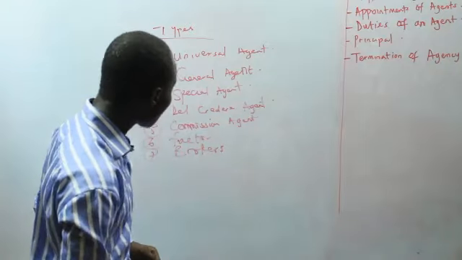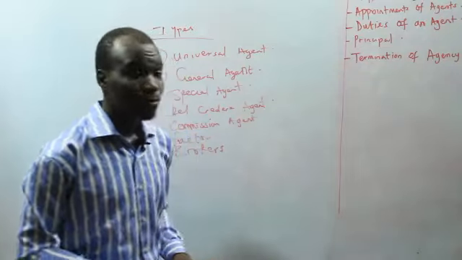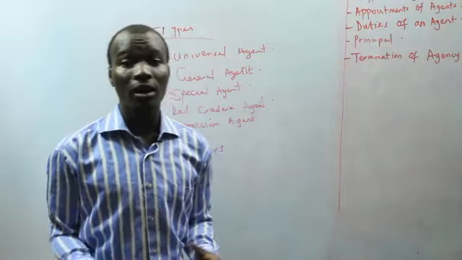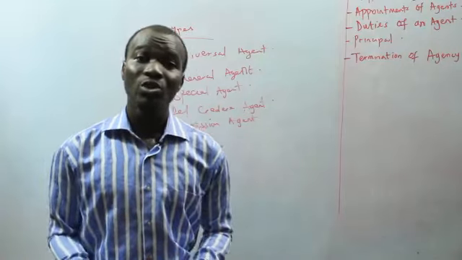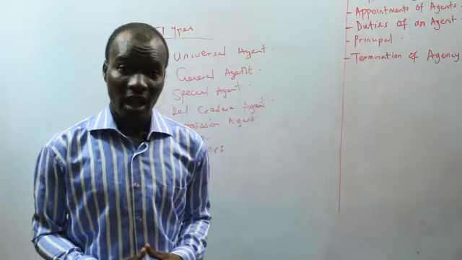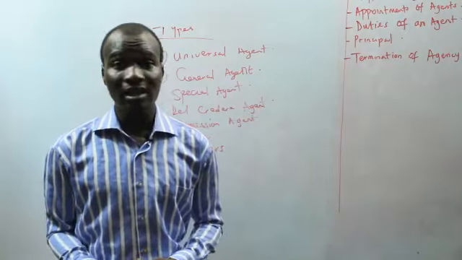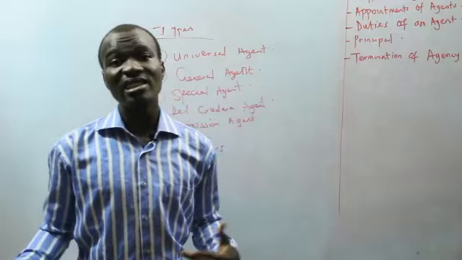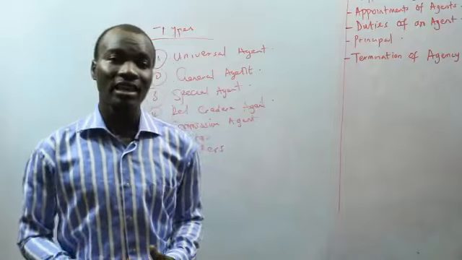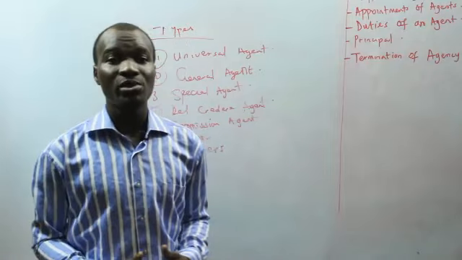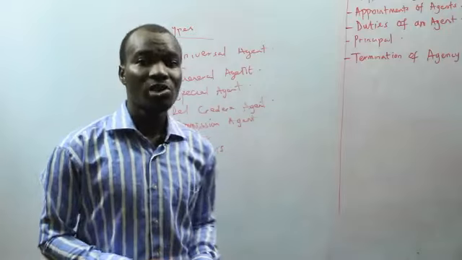Now, the last agent we have is the broker. This category of agent brings the principal into a contractual agreement or relationship with third parties. They serve as links between the principal and the clients, helping the principal bring in more clients or customers.